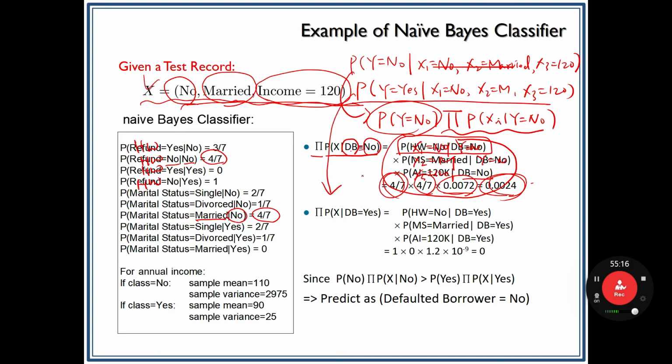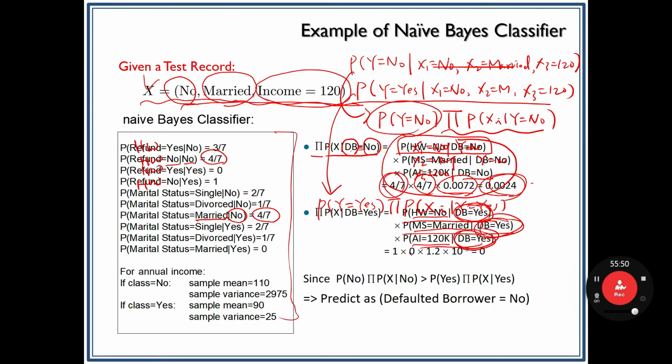This probability is the probability y becomes yes and the product of conditional probabilities x_i given y is yes. They are given here. The given condition is y is yes, homeowner is no, marital status is married and annual income is 120K, then we bring those conditional probabilities from this table.